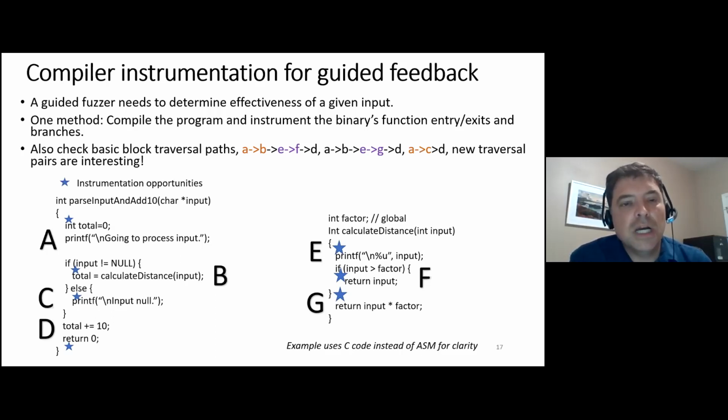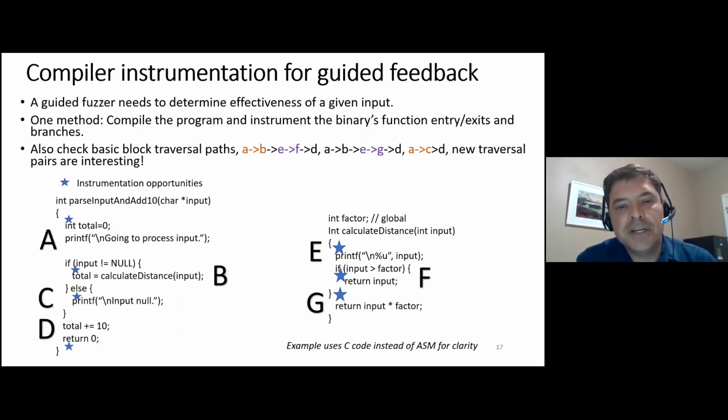One of the strategies is to insert markers at the beginning of functions, the end of functions, and at different branch opportunities. That tells the fuzzer that if we reach some of these markers, that's interesting. That's one bit of metadata that gets added during the compilation process.